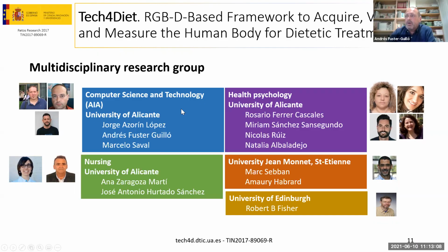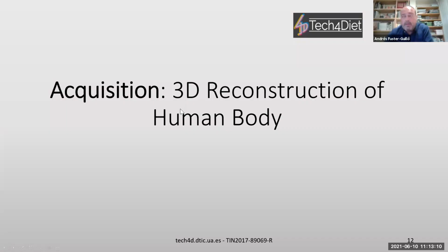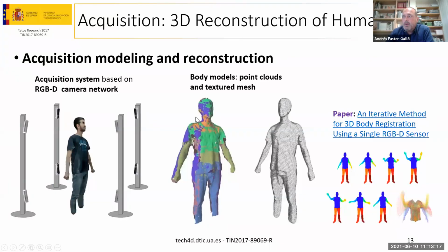Okay, let's go a little deeper with the first objective, that is the acquisition and the 3D reconstruction of the human body. To meet the requirements of the project related to accuracy and realism of the representations, at the beginning of the project, we decided to use a network of RGBD cameras placed around the body, with the body static in the same position.